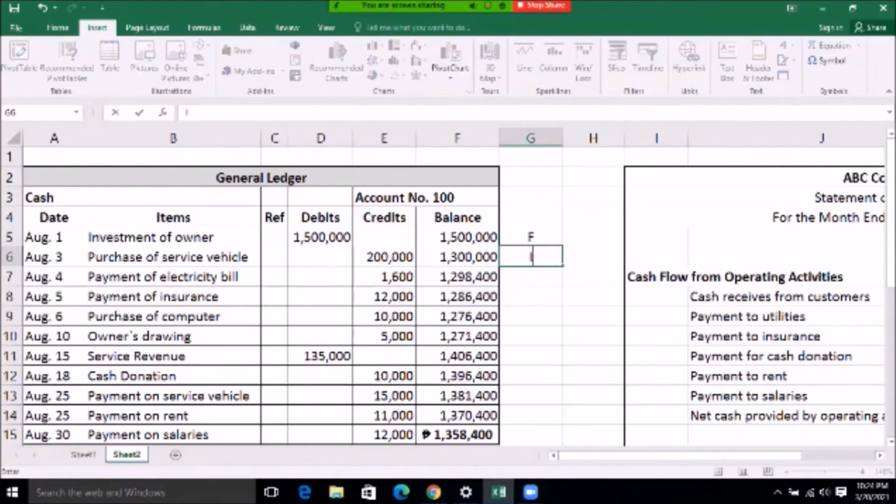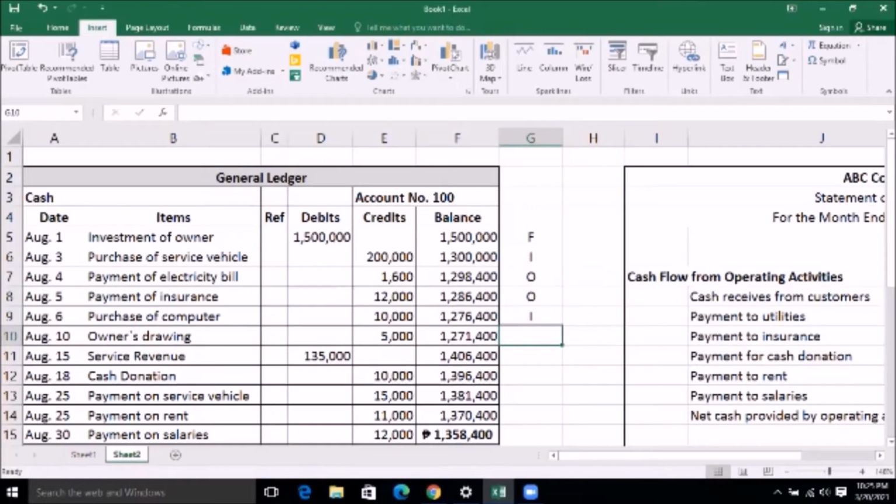Payment of electricity, that is operating. Payment of insurance, that is operating. Payment of computer, so bumili ng equipment, that is investing.